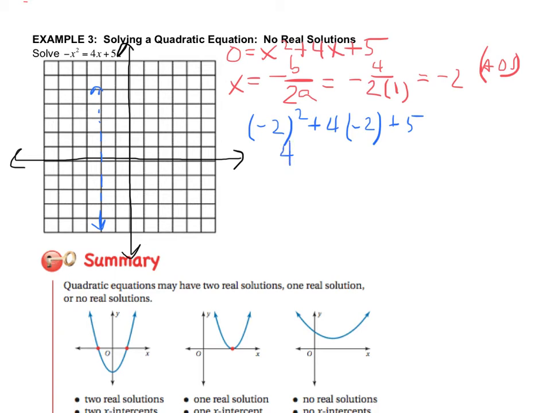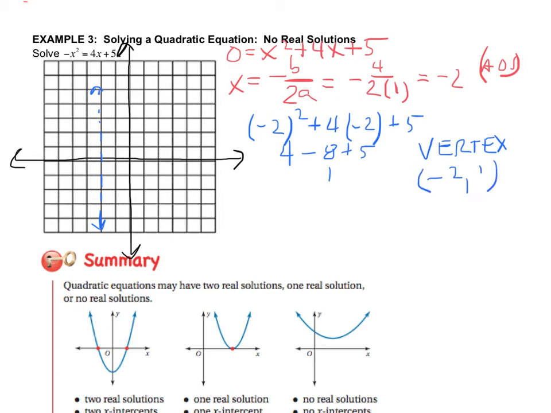We get 4 minus 8 plus 5. 4 minus 8, negative 4, plus 5 is a 1. So that is going to tell me that the vertex for this quadratic is going to be at negative 2, comma 1.